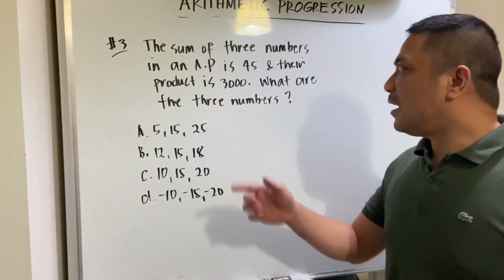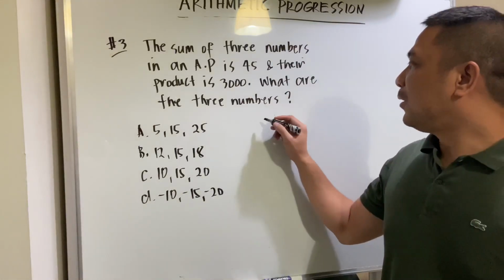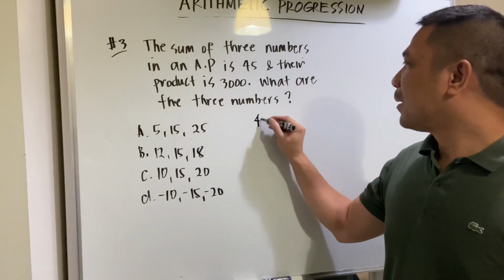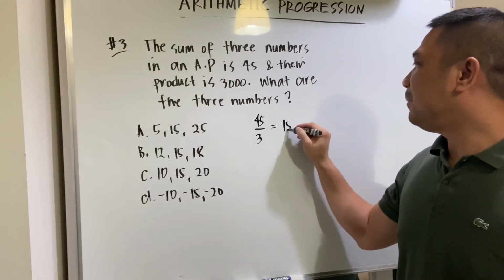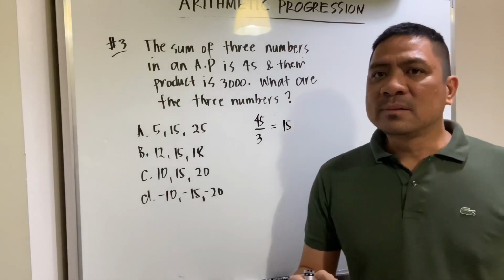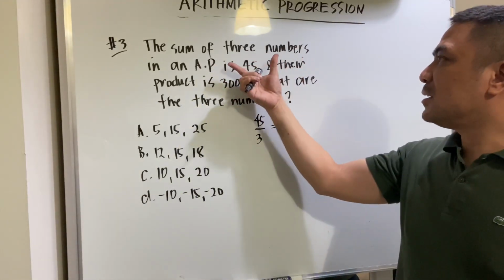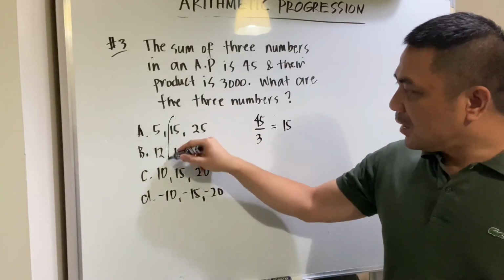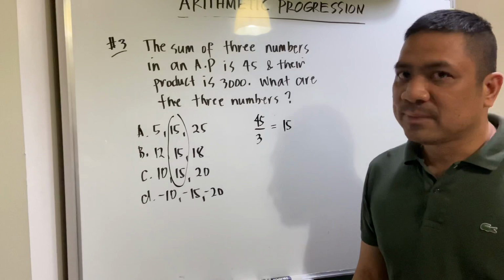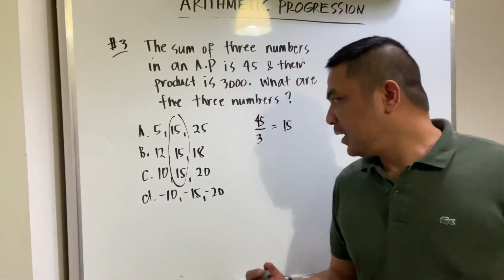In this case, you have three numbers, so 45 divided by 3 is equal to 15. So the number in the middle in this series is 15, which is also reflected in the choices. Okay? So yun lang ang gusto kong i-point out dito. Just to show you the solution here.